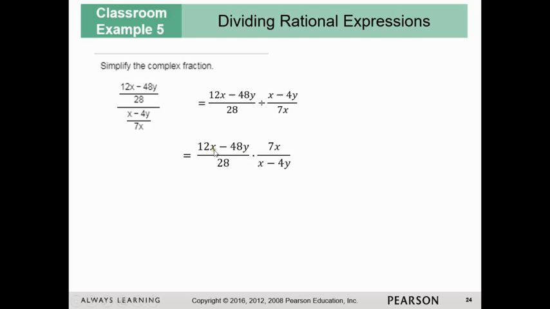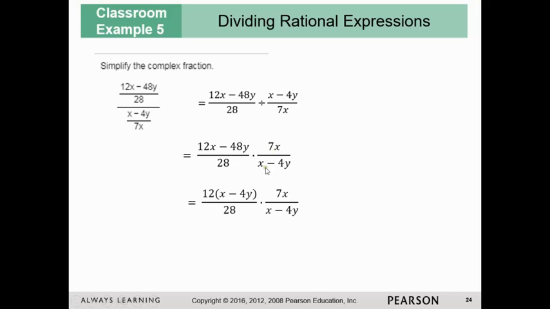One thing we want to notice about 12x minus 48y is that we can take out a greatest common factor here. Another thing we'll notice is that 7 over 28 will reduce. 7 goes into 28 4 times.